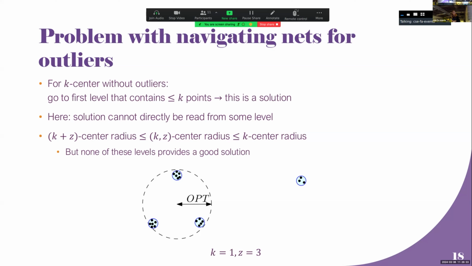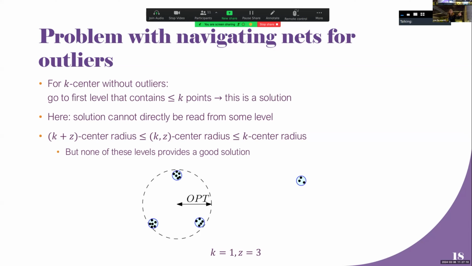So in the example here, we have these 4 little groups, and I want a one-center with outliers solution, and the optimal solution would be to just have all these 3 groups in one cluster and exclude the 3 points here. But if I now want to upper bound the radius of that solution by a k-center solution, I would have to include all of the points. So that could be arbitrarily worse than this radius.